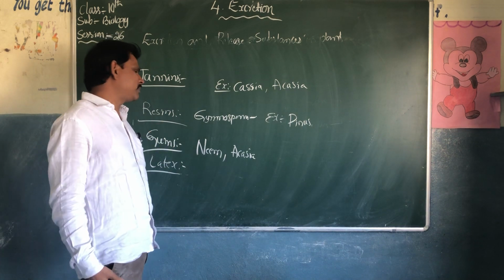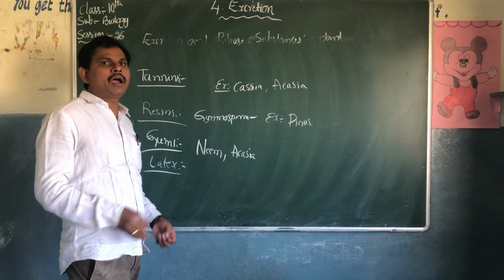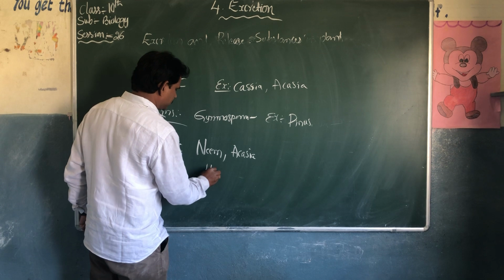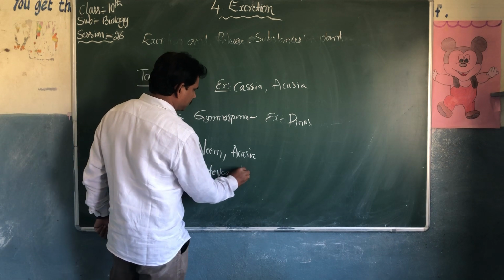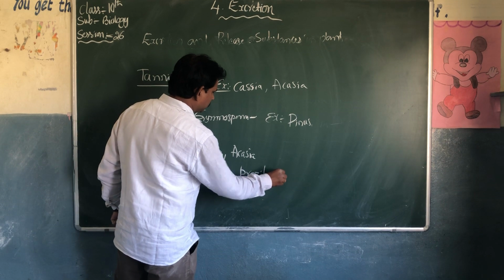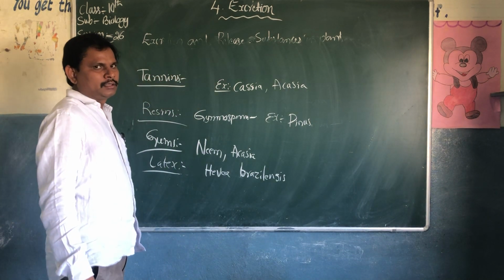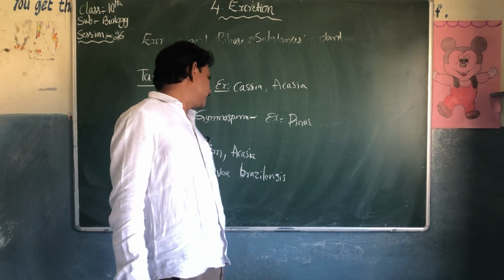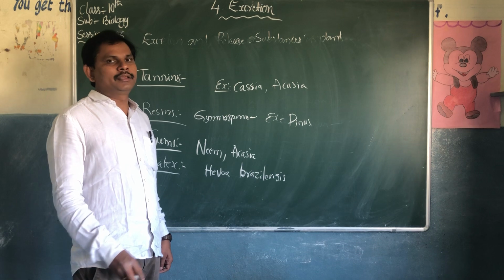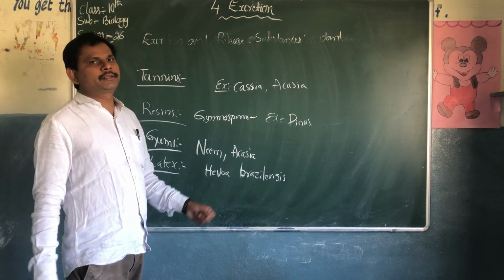This latex is released from Hevea brasiliensis. The rubber plant's scientific name is Hevea brasiliensis. We can see rubber growing in Kerala and in many other countries.